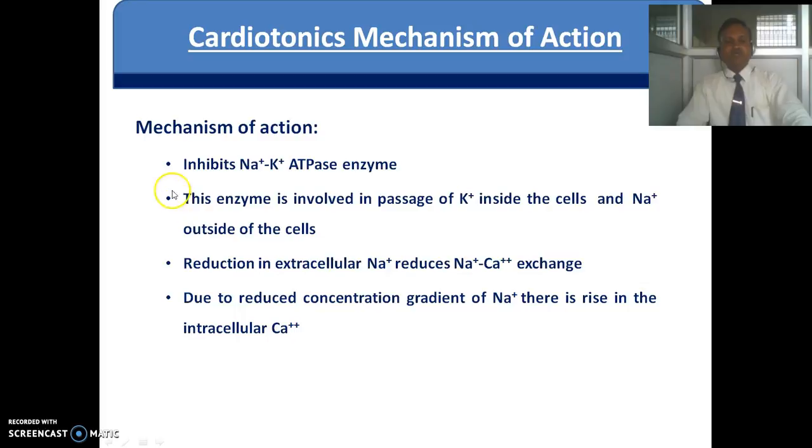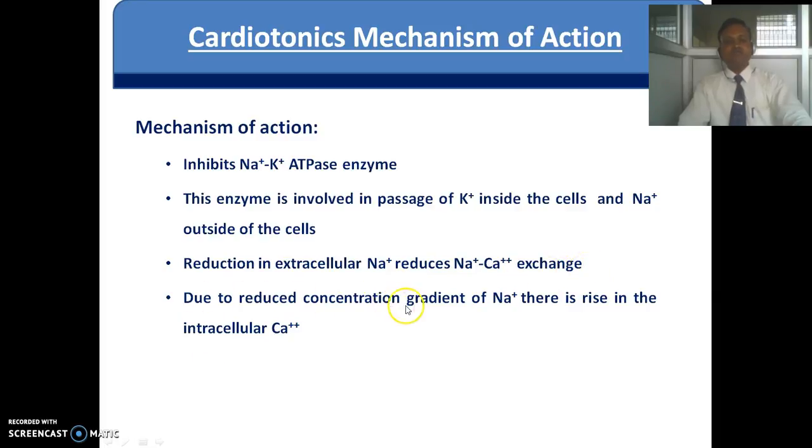The same has been told here. Cardiotonics inhibit sodium-potassium ATPase enzyme. This enzyme is involved in passage of potassium inside the cell and sodium outside of the cell. If this process is blocked, extracellular sodium ion concentration gets reduced, and this consequently inhibits sodium-calcium exchange.